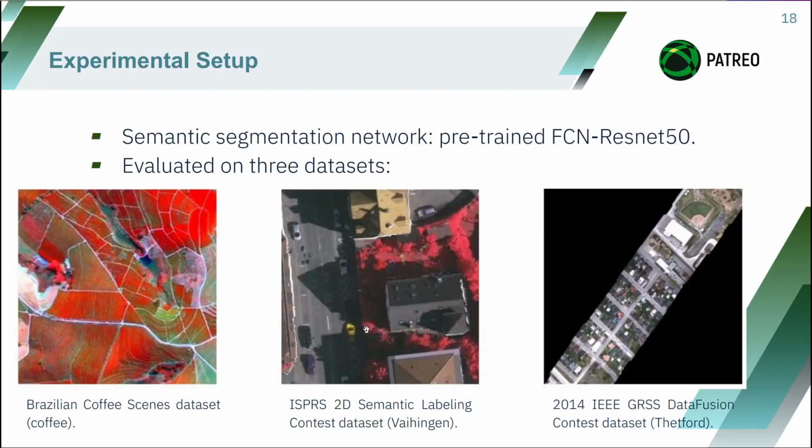So for the experimental setup, the semantic segmentation network we used was a pre-trained FCN ResNet 50, and we evaluated our method on 3 datasets. The first one is the Brazilian coffee scenes dataset. That is a binary dataset composed of pixels of class coffee or non-coffee, and 2 urban datasets, the Vaihingen dataset here and the Thetford dataset.